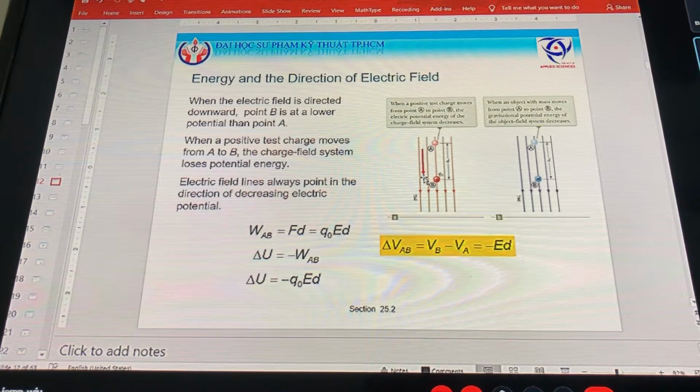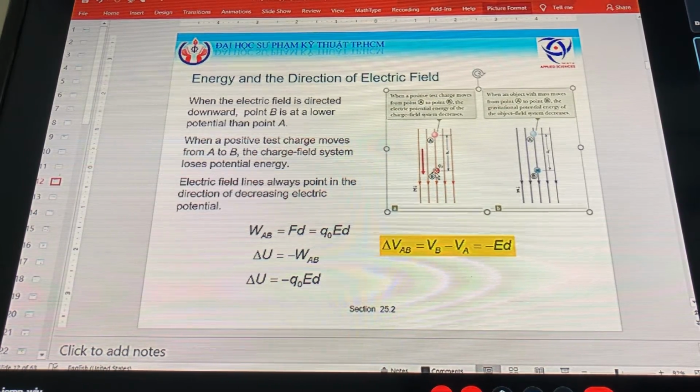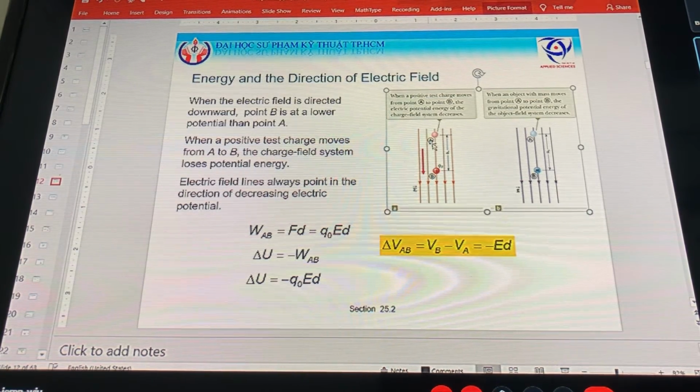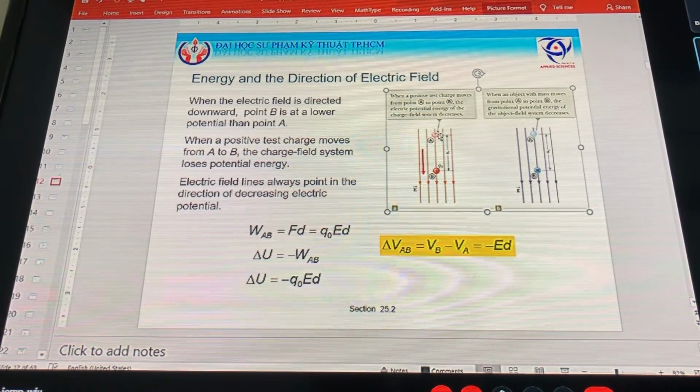So the smaller value of electric potential than this one. So remember, when we go along the field line, the potential will decrease or increase. When we go from A to B, the potential will be smaller. So potential decreases along the field lines. Okay?